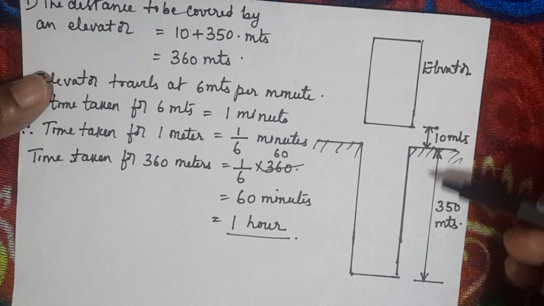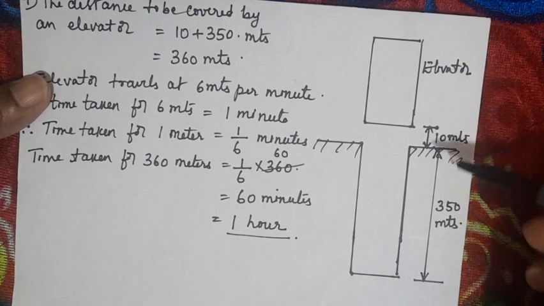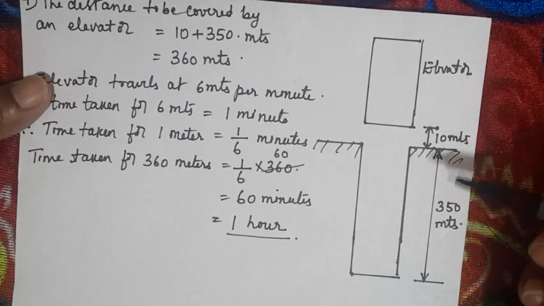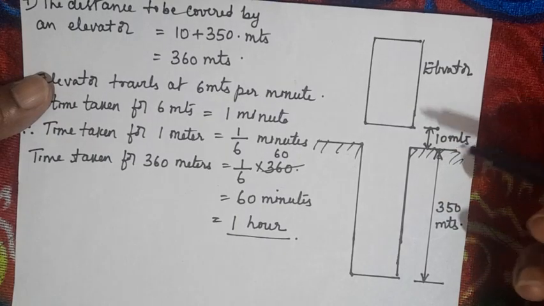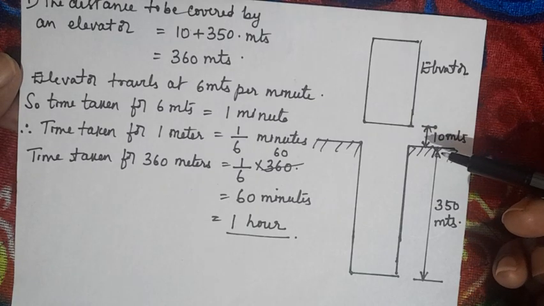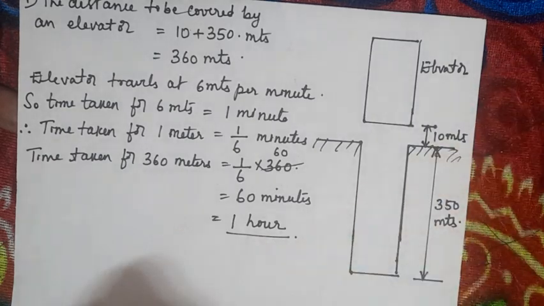That is 360 meters it has to travel. So we have to find the time taken. What is the rate of travel? It travels at a rate of 6 meters per minute.